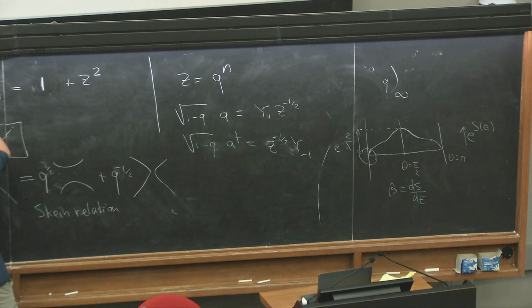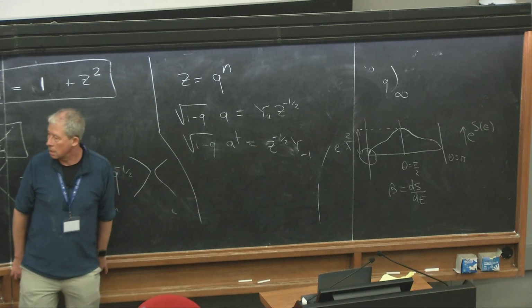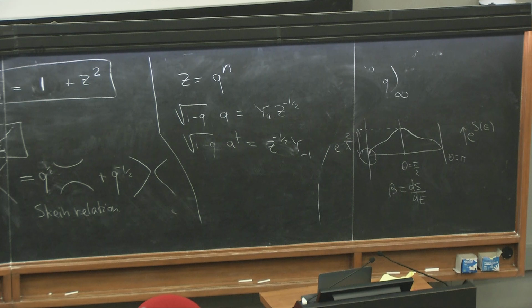I claim that this relation, in combination with this relation, in combination with those definitions, realize the Q-deformed harmonic oscillator in terms of the variables of the gravity theory. So basically, the phase space of the gravity theory, if you quantize it, reproduces the same algebra as what you're seeing in double-scaled SYK.